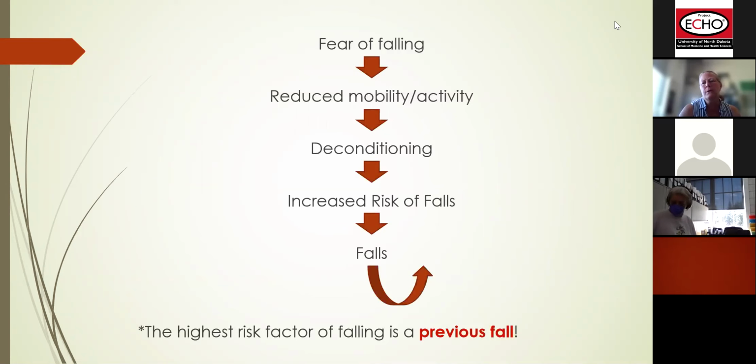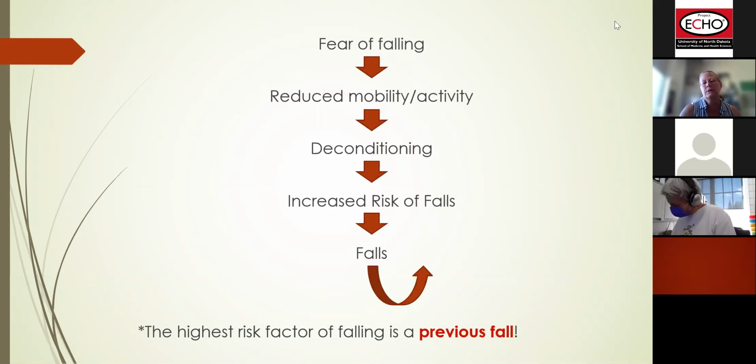This shows the fear of falling cycle that can occur. The fear of falling can reduce mobility and the person's activity. You get deconditioning, with weakness and low endurance. This causes increased risk of falls, leading to falls, and then it just repeats.